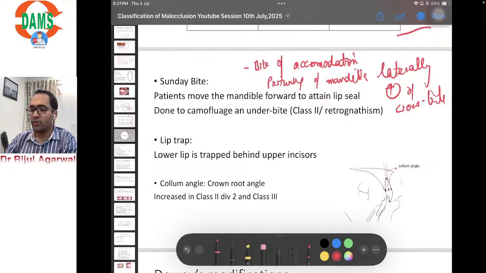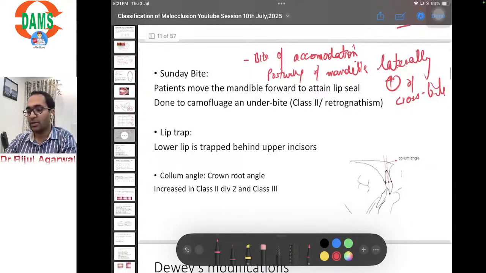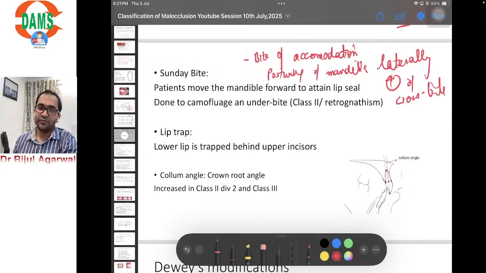So I hope Sunday bite, bite of accommodation, lip trap, and the features of div 1 and div 2 are clear. Moving ahead towards another thing known as column angle. This is a feature of class 2 div 2. What is column angle? Another very important MCQ. Column angle is the angle between the crown and root of the teeth. It's generally present in class 2 div 2 and class 3.